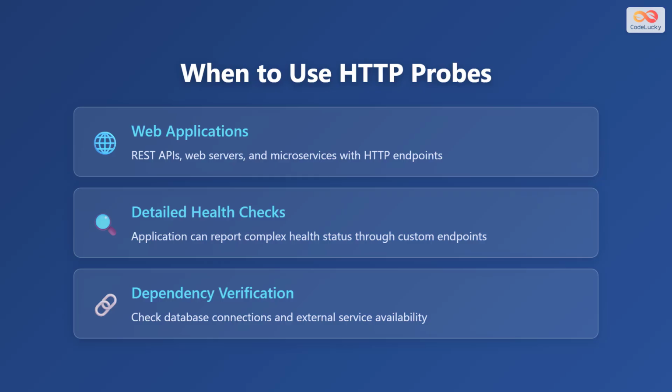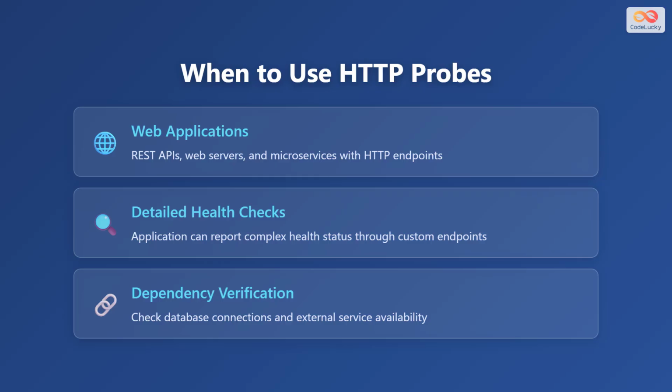HTTP probes are best suited for three main scenarios. First, they're perfect for web applications, REST APIs, and microservices that naturally expose HTTP endpoints. Second, when you need detailed health checks where your application can report complex health status through custom endpoints, HTTP probes excel. They allow your application to check database connections, verify external dependencies, and report comprehensive health information.